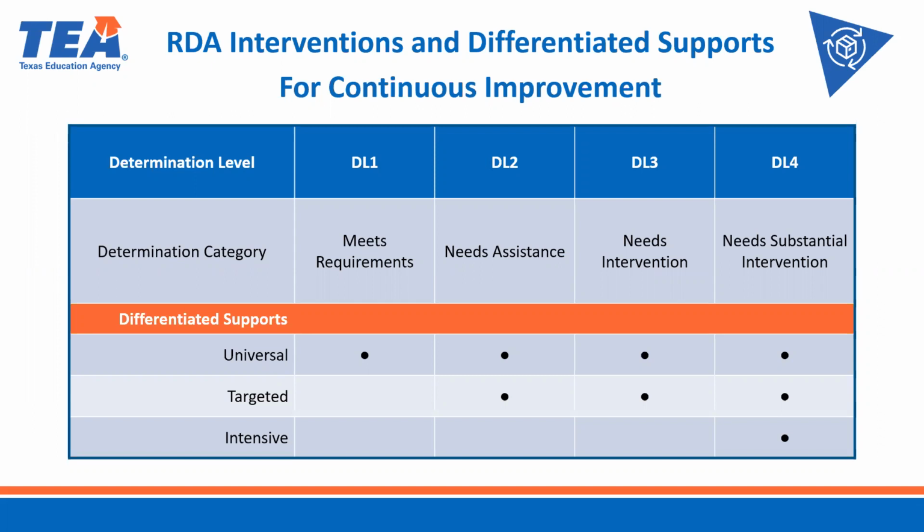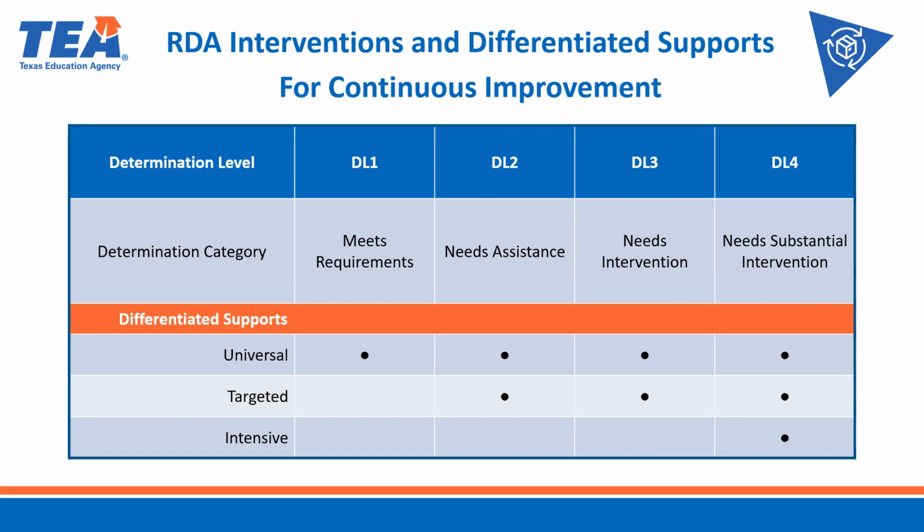Targeted supports may include technical assistance resources available for LEAs who obtain an overall determination level of DL2 or DL3 to address specific areas of need focused on one or more discrete issues.